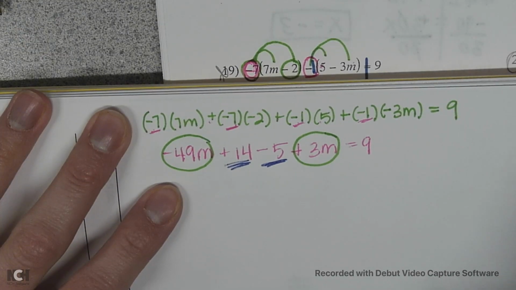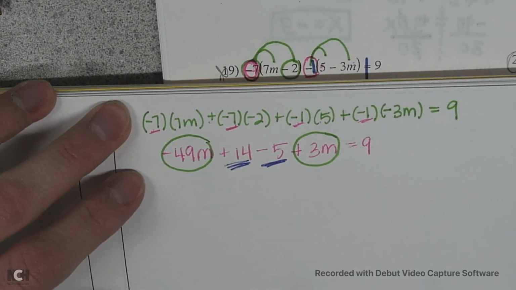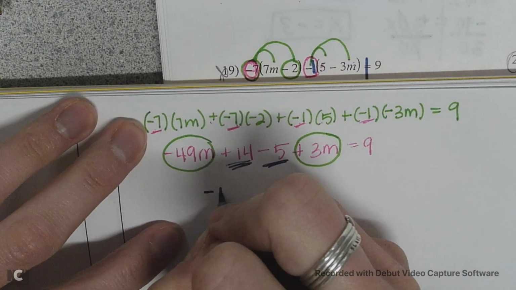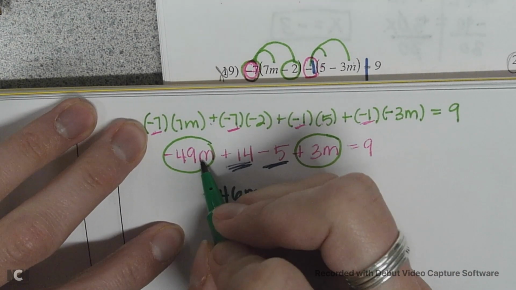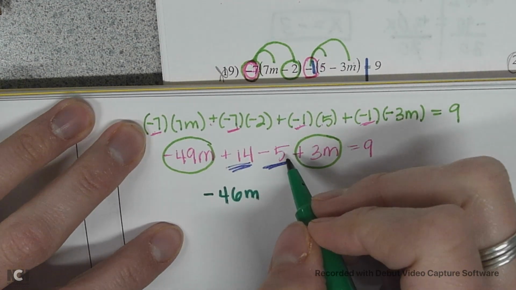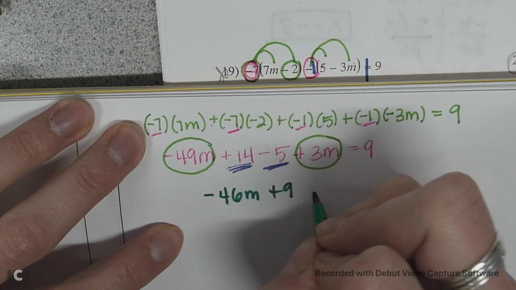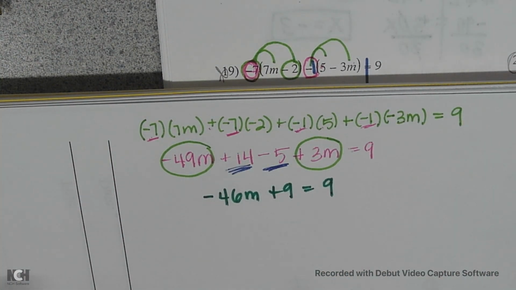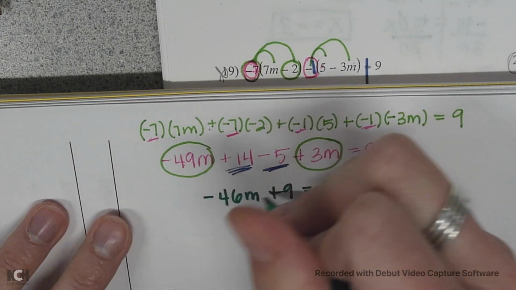It's hard to see. My bad. I was trying to be so efficient. Okay, -49 plus 3 is -46m. I can only combine my m's and my m's. And 14 minus 5 is 9 equals 9.